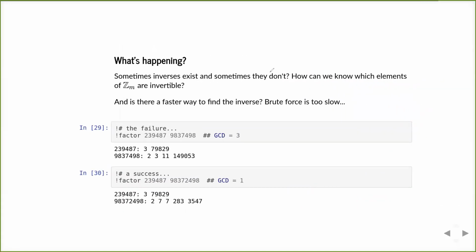This is just explaining why in that previous example, the inverse failed to exist, because these two numbers do not have GCD 1, they have GCD 3. That's why failure occurred. But success occurred here where the GCD was 1, because they have no prime factors in common.